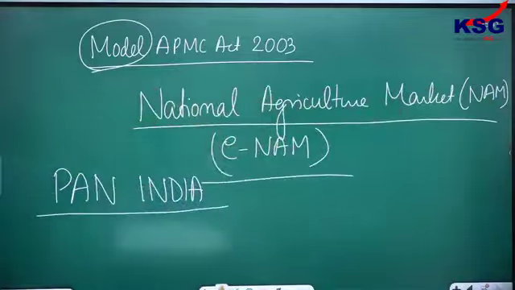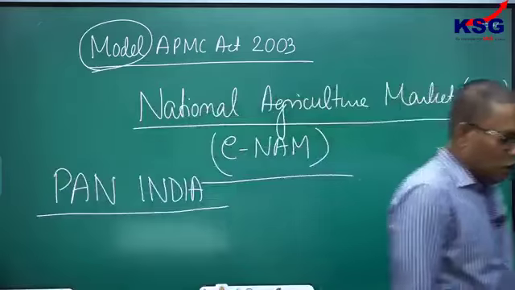Clear? Now first you write: the State APMC Act must have a specific provision for e-auction or electronic trading as a mode of price discovery.